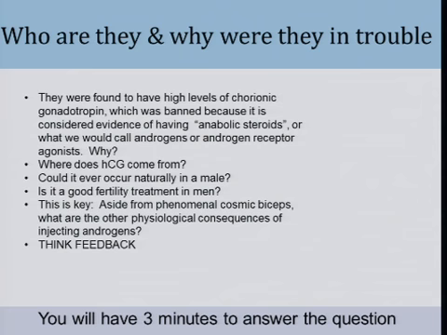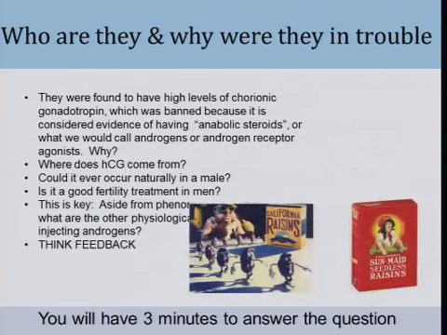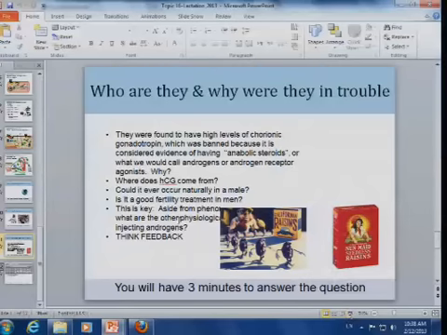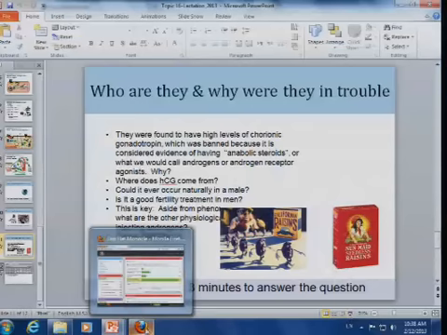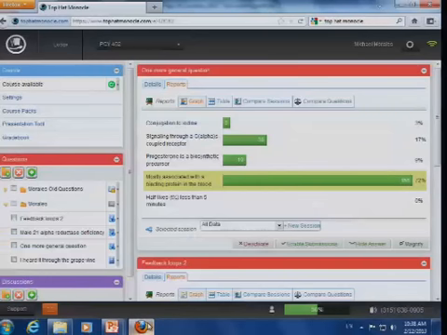And so you want to think feedback. And before I give you the question, here's a hint. Think about it. As people figure out what the hint means, it sort of rolls around the room.